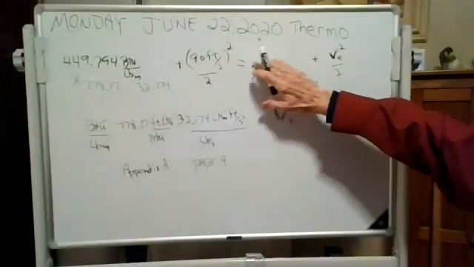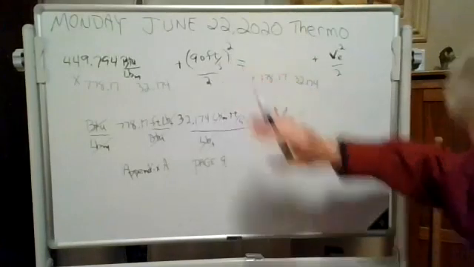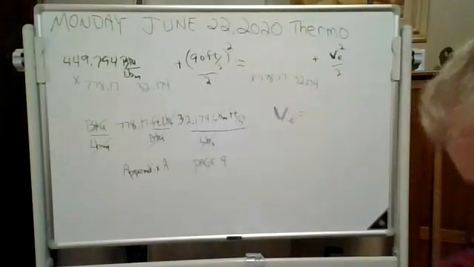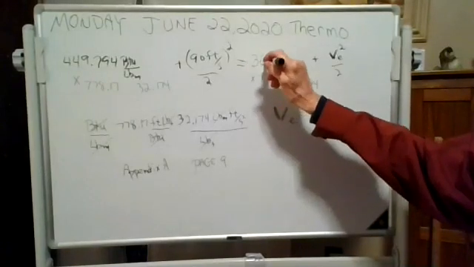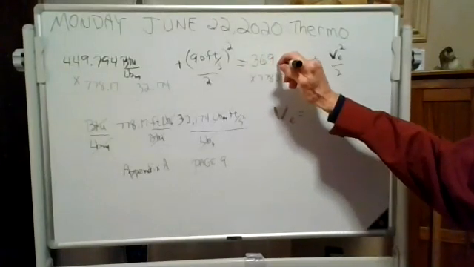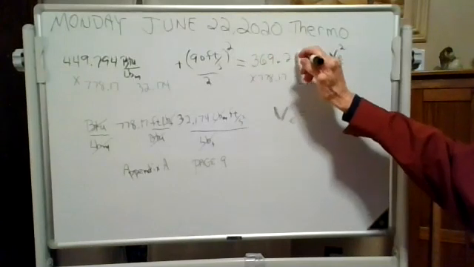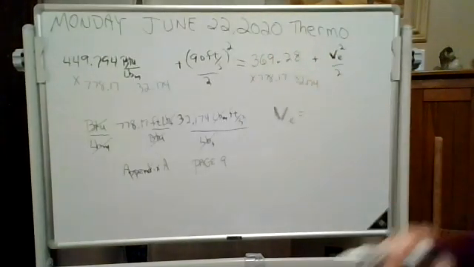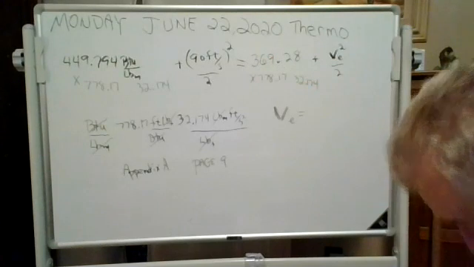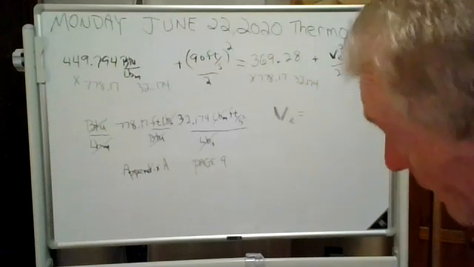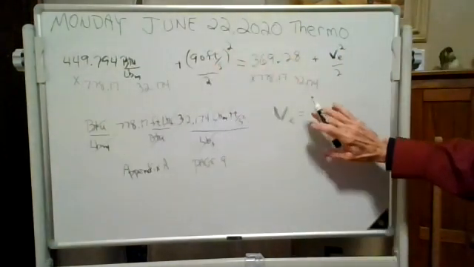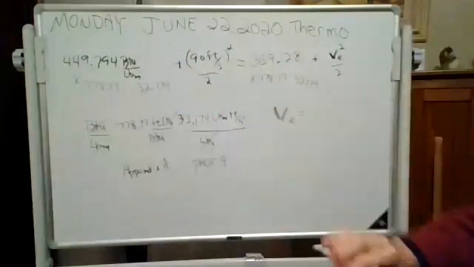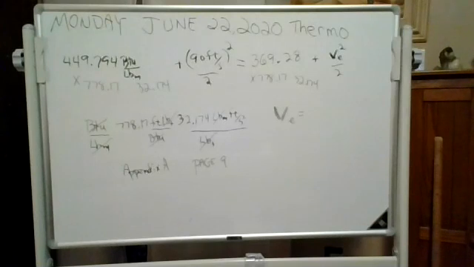Whatever that number is, you still have to multiply it by this stuff. But I'm getting 369.28. And I believe that's going to be okay. Yeah, I had that wrong. Now I have it correct. And now please put all that in your calculators and get the answer. And I had the wrong number.